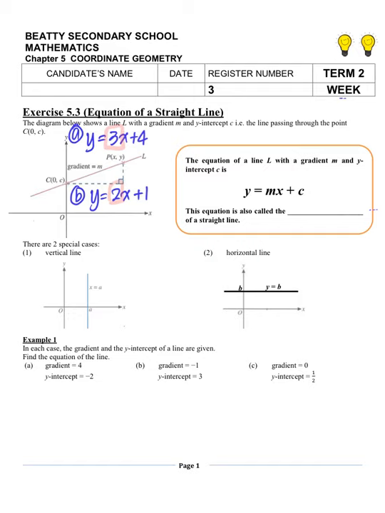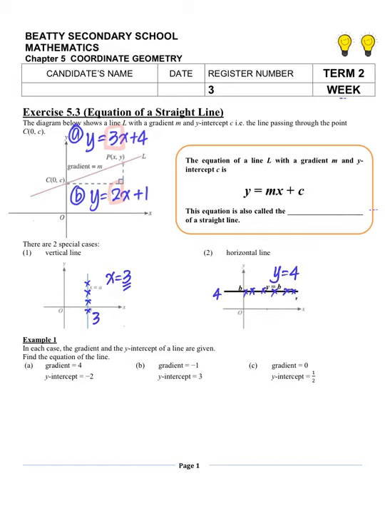For example, if you have a vertical line that cuts through, let's say, 3, then the equation of the straight line will be x equals 3, because every point on this line has x coordinate 3. On the other hand, if you have a horizontal line that cuts through, let's say b is 4, then the equation of this straight line will be y equals 4. Every point on this line will have y coordinate 4.